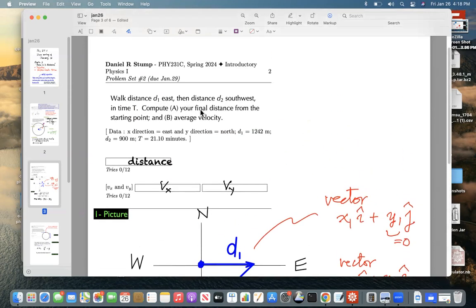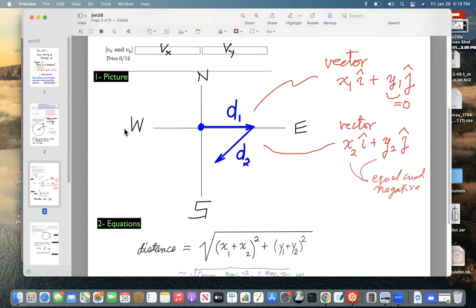d1 and d2 are given someplace. d1 is 1.2 kilometers, d2 is 0.9 kilometers. This vector d1, it's a displacement vector, is x1 i hat plus y1 j hat, where i hat and j hat are the unit vectors in the x and y direction, where I'm calling the x direction east and the y direction north.